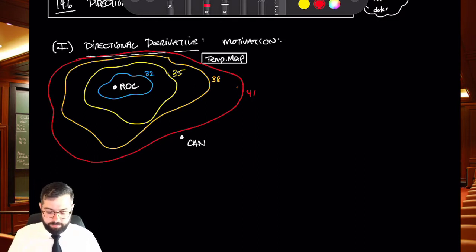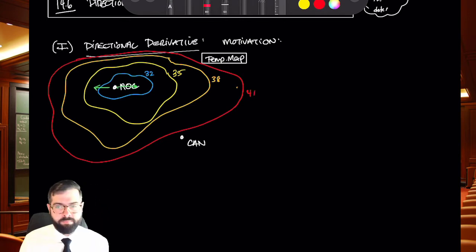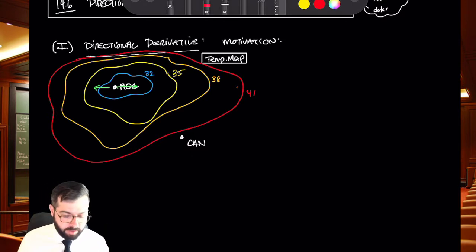So based on our understanding of partial derivatives, right, we could ask and answer simple questions like, if I moved north or south, how is the temperature going to change, right? Or if I moved from left to right, talking about the partial with respect to x, how's the temperature z going to change? And we can come up with that answer.